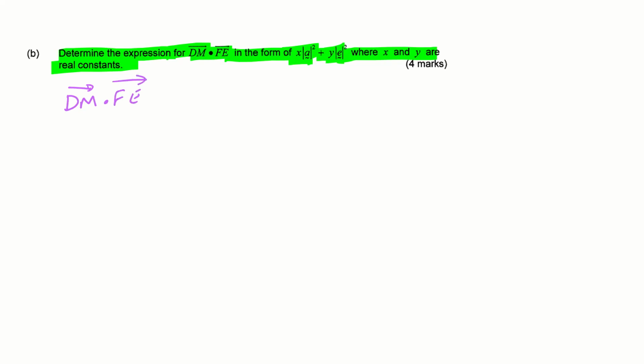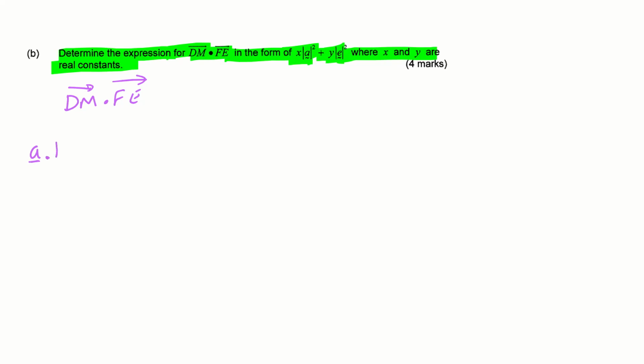Now, determine the expression for DM.FE in the form x mod A squared plus y mod E squared, where x and y are real constants. Now, let's do DM.FE. But think about this. Because we know the base is a square, A and B are perpendicular. A and B are both perpendicular to E as well.